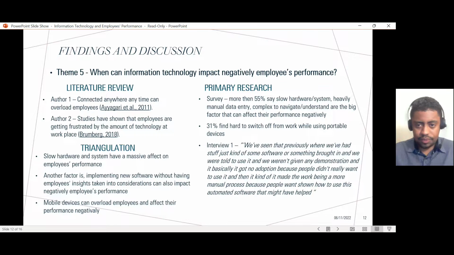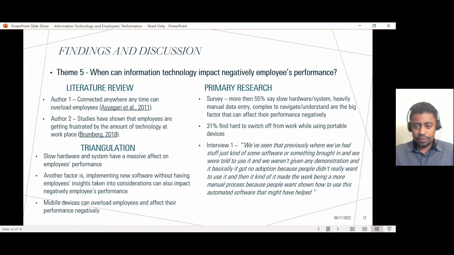So when technology can impact negatively, I found out in my survey that 55% say that slow hardware systems, heavily manual data entry, and complexity to navigate and understand are the big factors that can affect their performance negatively. And 31% find it hard to switch off from working from home using portable devices.